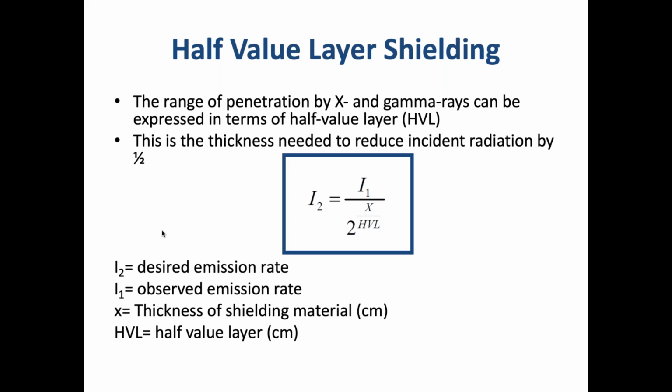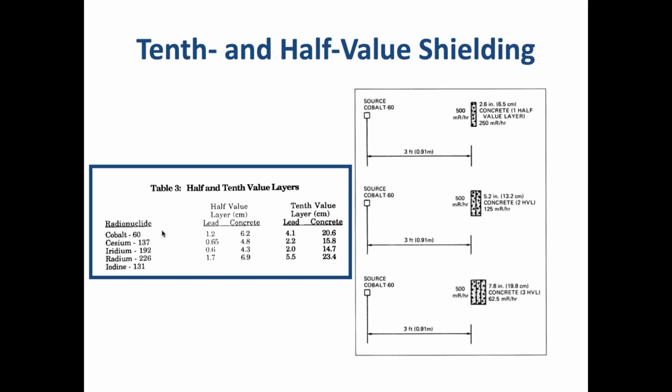The first time I do that, it cuts it in half from 5 to 2.5. Now I take another 1.2 centimeters. What does that do? It takes the 2.5 and cuts that in half to 1.25. So now I'm at 1.25 after I put up 2.4 centimeters of lead. So we're almost at the 1 rad per hour that we are interested in getting to, and it took 2.4. So our answer of 2.5 or whatever it was sounds reasonable.